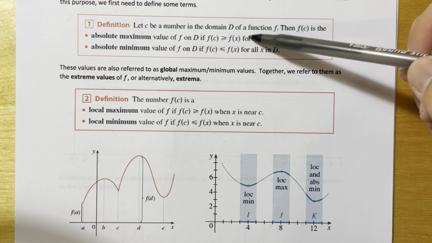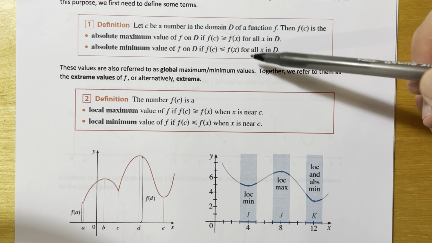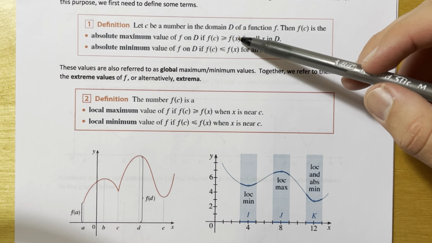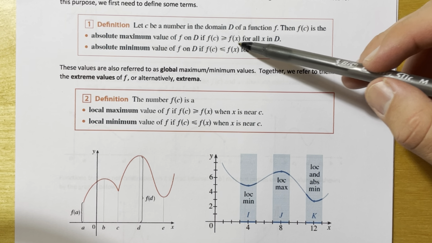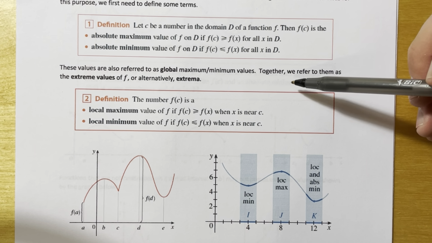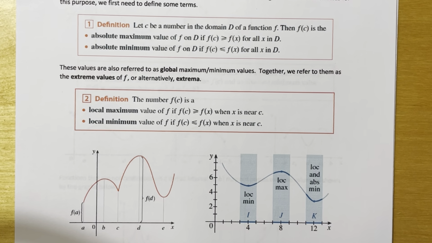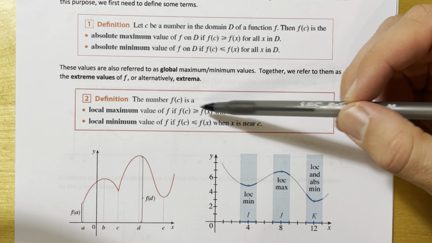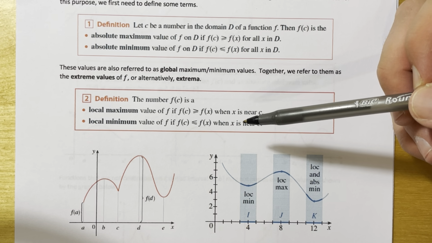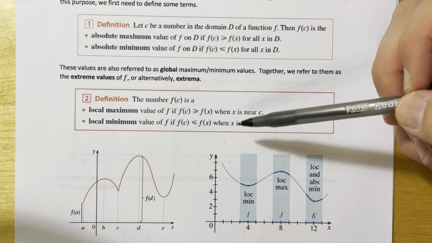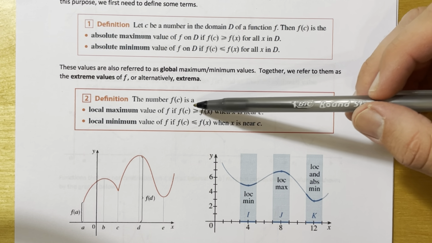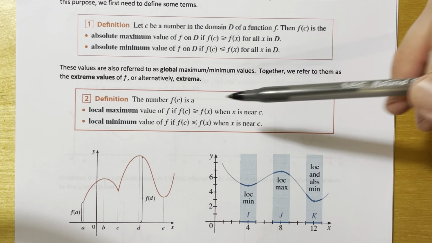Notice the inequality is the same as in the absolute maximum value, but now we're not looking at f of x for all x in the domain of that function, which is everything you can plug into it. We're only looking at values that are close to this number c. A more accurate term would be an open interval containing c.